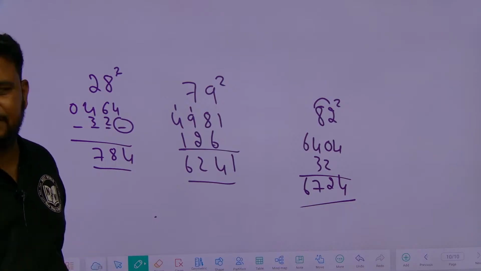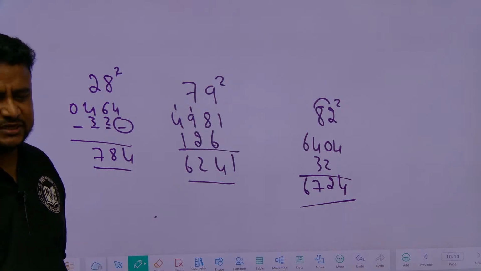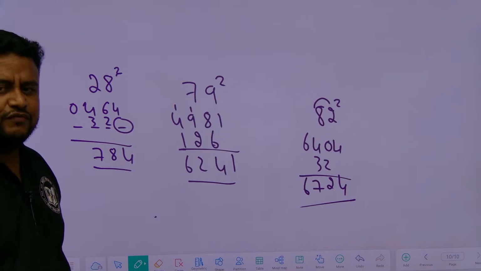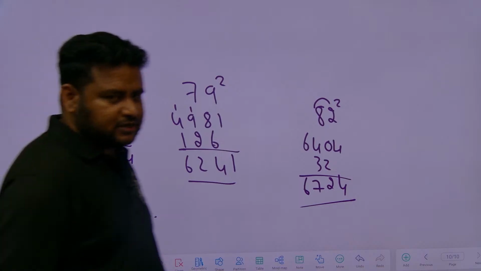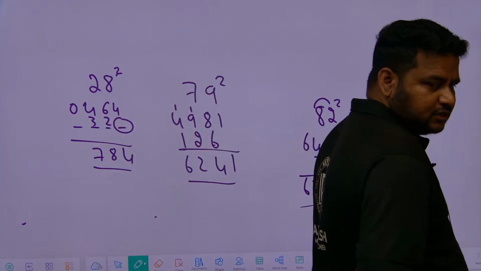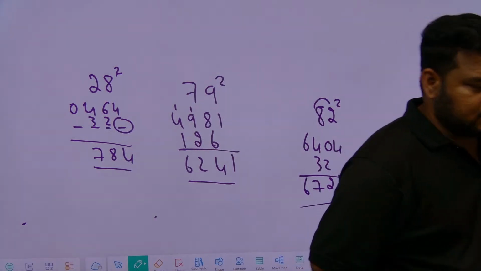Suppose there is a 2-digit number ending with 5. Then how to find the square of those numbers? For that, what you have to do is write it down first.